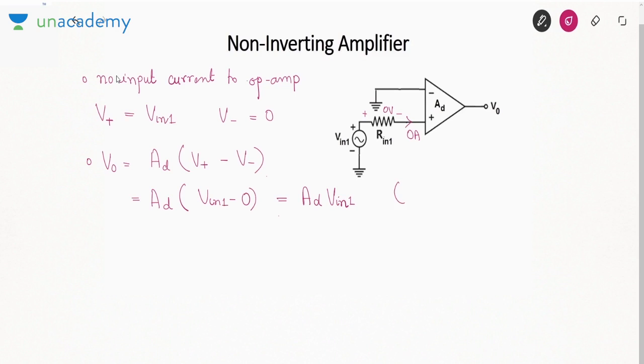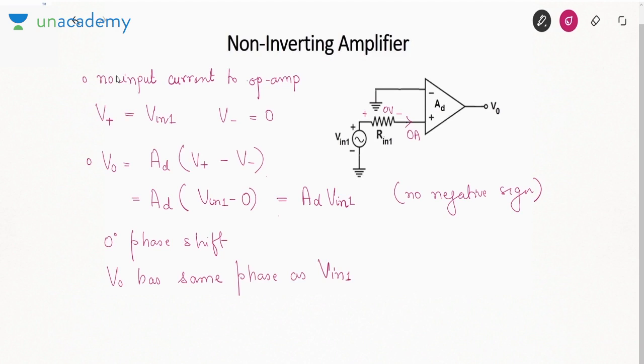Now as you can see, there is no negative sign. If there is no negative sign, it means it provides 0 degree phase shift, or you can say V0 has the same phase as Vin. So that is the meaning of non-inverting amplifier.